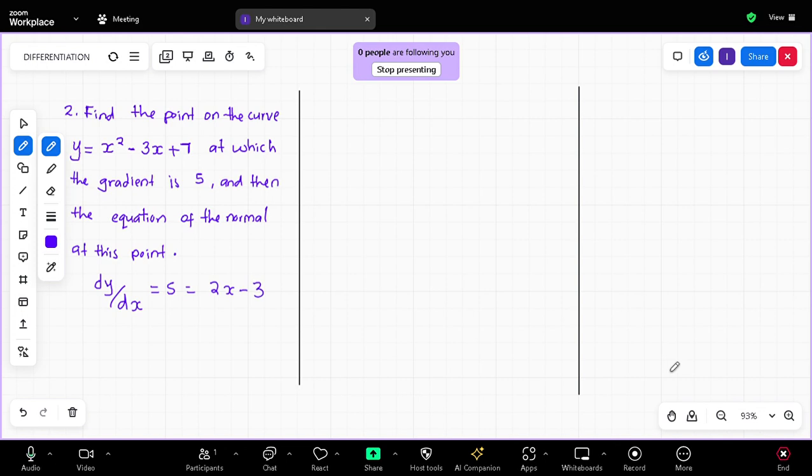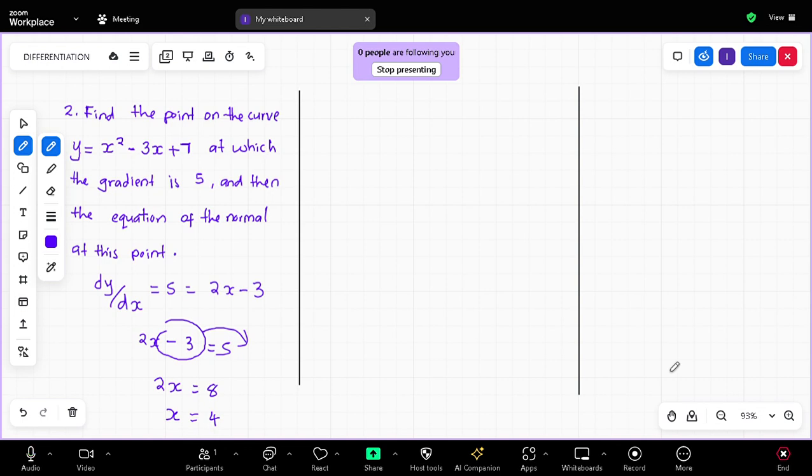So 2x minus 3 is equal to 5. Take the negative 3 across the equal sign, so we got 2x equal to 8. So the value of x here is 4, because the gradient function is equal to 5.